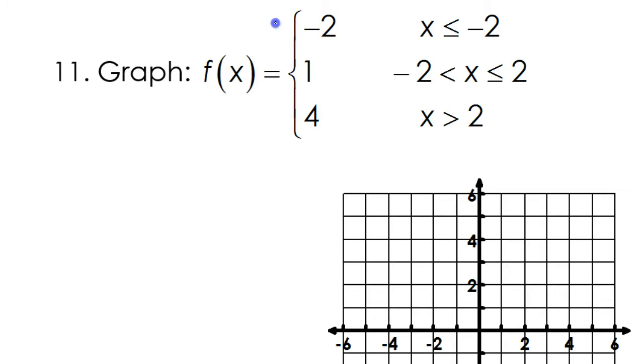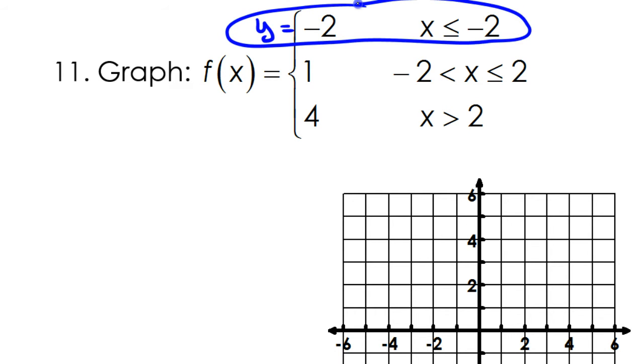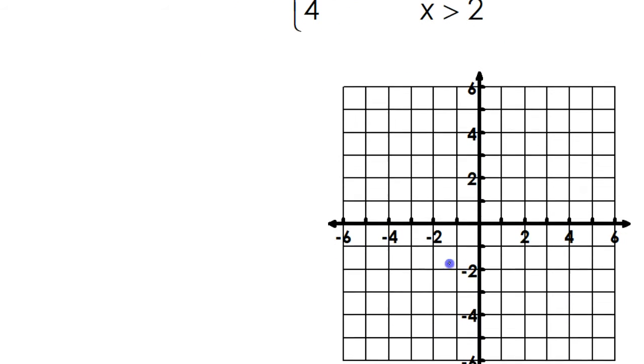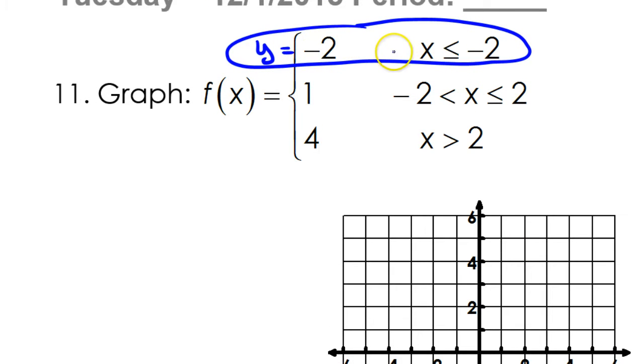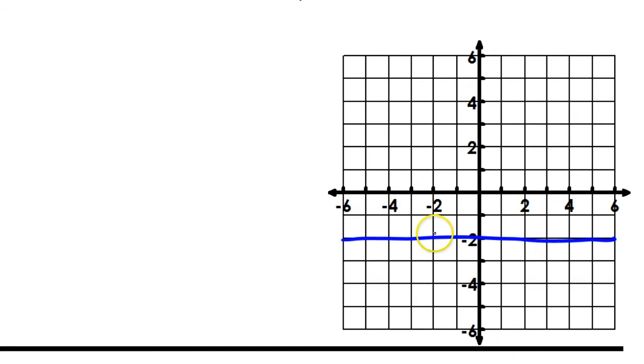So, again, when I see this constant, think y equals -2. That would be a horizontal line at -2. Okay, so that would look like this. But we should not be drawing the entire line, only the part of the line where the x values are less than or equal to negative 2. So here's where the x values are equal to negative 2.